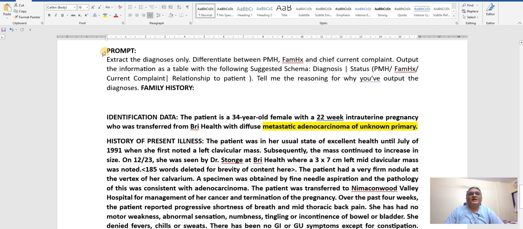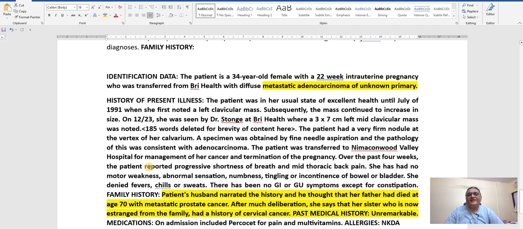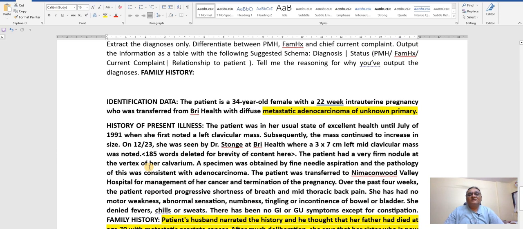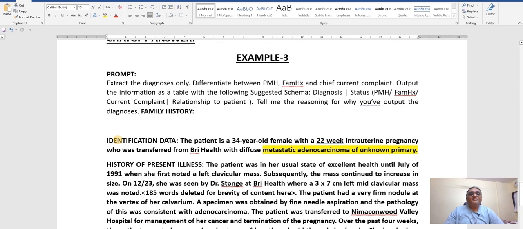Now this is another example. This time, rather than symptoms and patient's history, we are taking present illness and family history. Based on that, extract only the diagnosis, and differentiate between PMH, PharmHX, and chief current complaint.